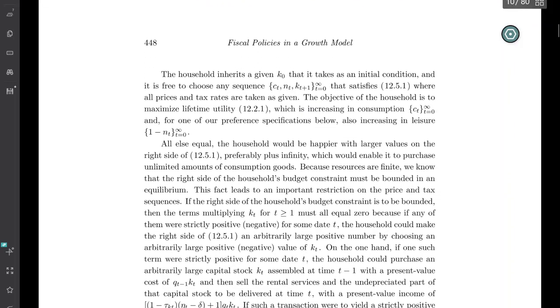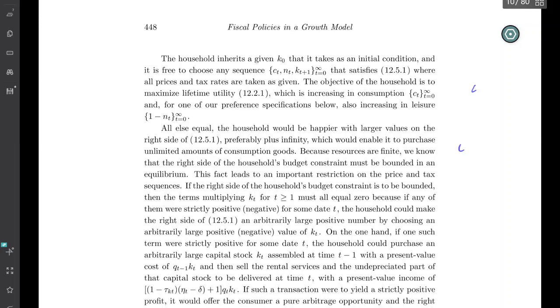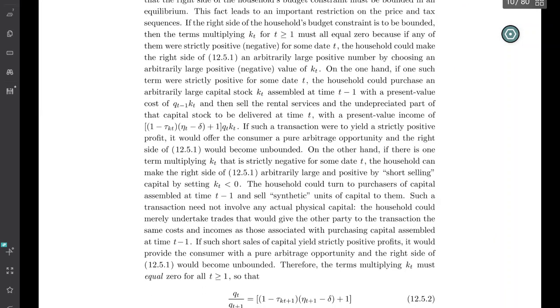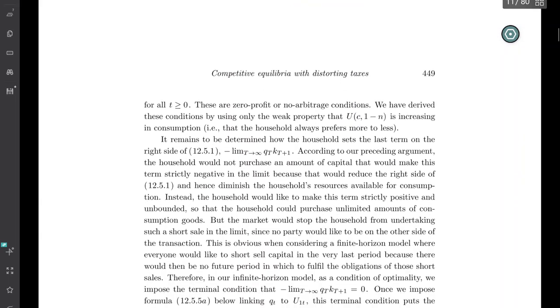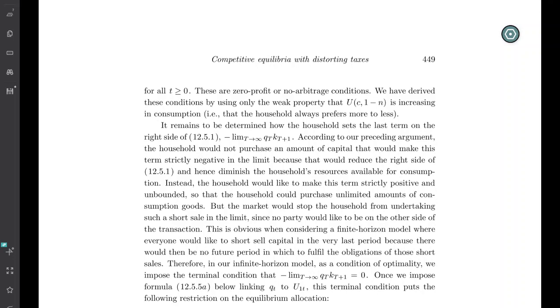So that's explained here. It's a nice argument, and what it leads to, once you do it, is this nice formula that involves the tax rate, the Q's, and the rental rate on capital. This formula was derived in some famous work by Robert Hall and Dale Jorgenson and leads to something called the user cost of capital.